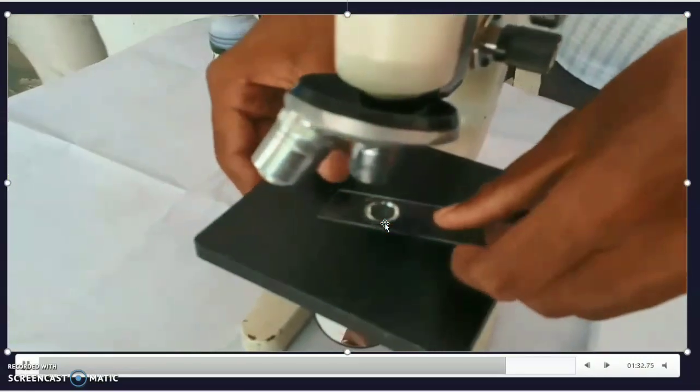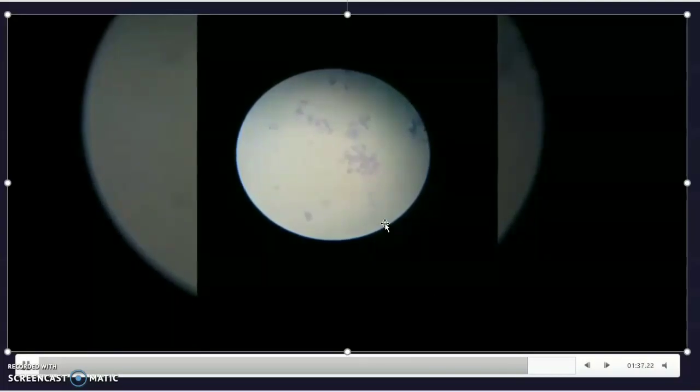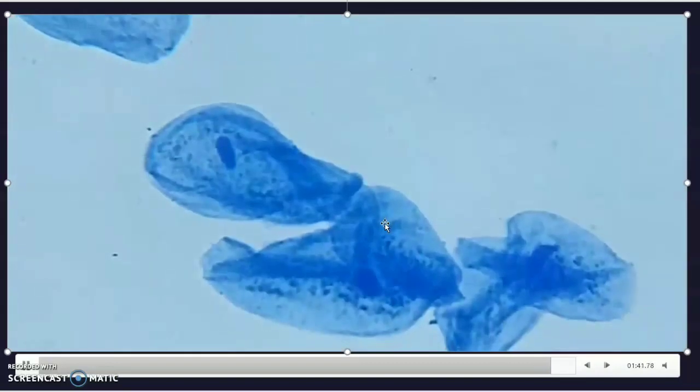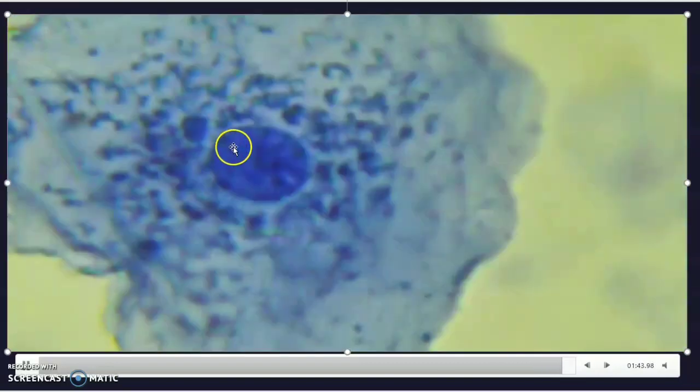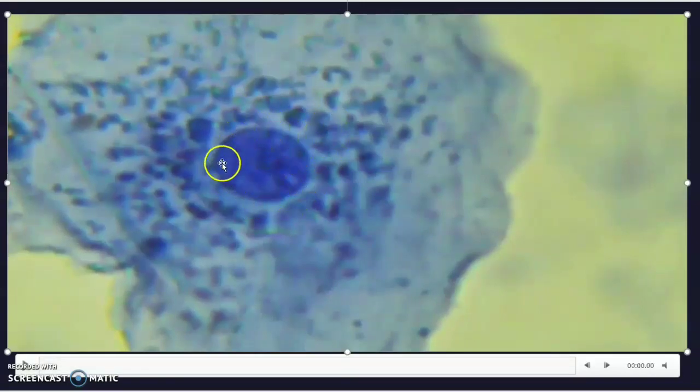Now the slide is ready to observe the nucleus of the cheek cells. See, these are the cheek cells, and inside them you are observing the blue colored circular dot. The thick blue colored circular dot is the nucleus. Inside the cheek cell you are observing the nucleus.